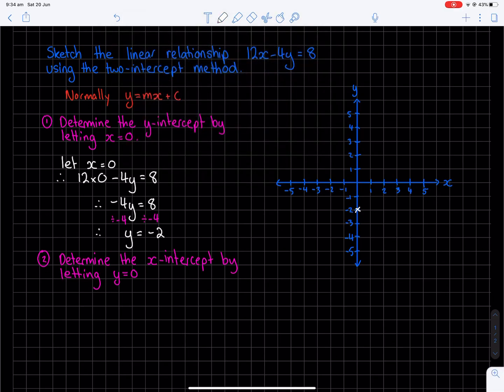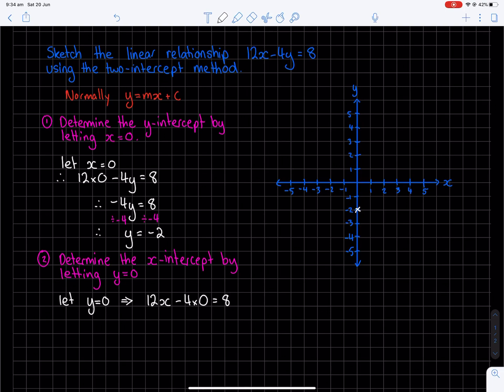Ergo, we're going to say let y equals 0, and we get 12x minus 4 times 0, because we've let this time the y equals 0. And once we let that y equals 0, we get 4 times 0, which equals 8. And now we solve.